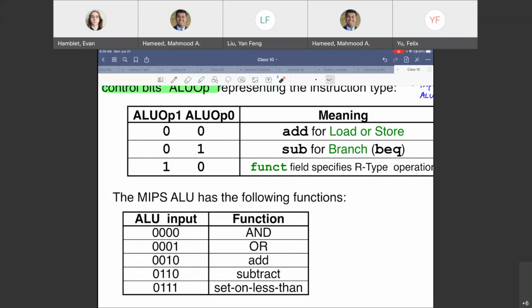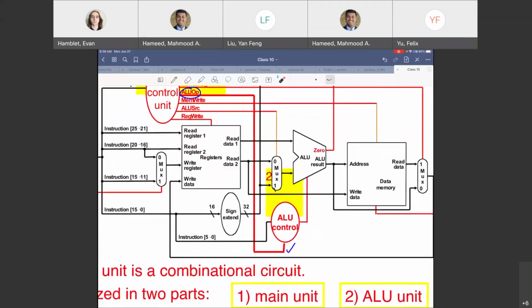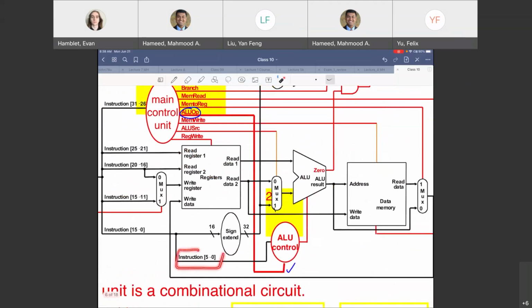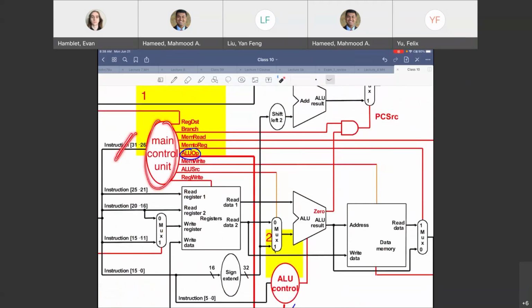You have a 6-bit function field that is made up of the opcode fields and the input field. The thing that we are trying to answer is, if we know this function field here, and if we know the opcode fields over here, can we generate the 4-bit output here or not? Similarly, for the main control, if we know the 6 bits over here, can we generate this or not?